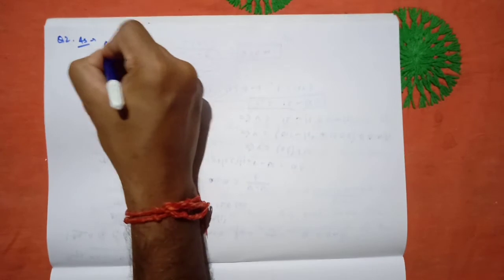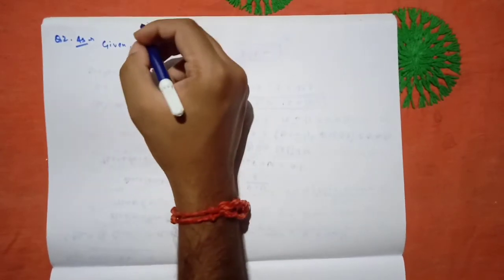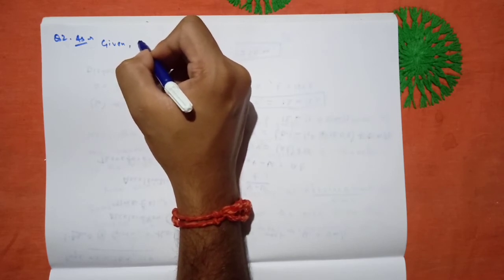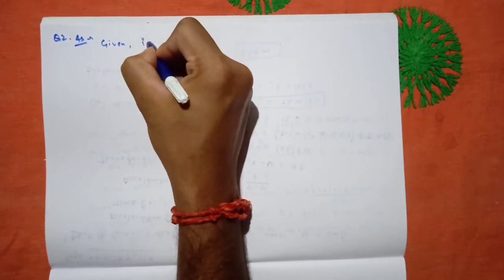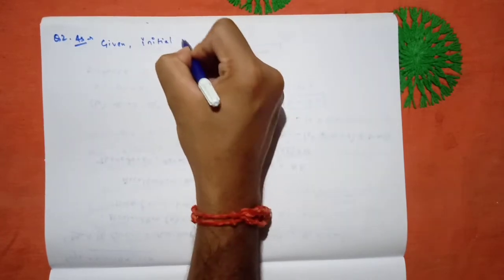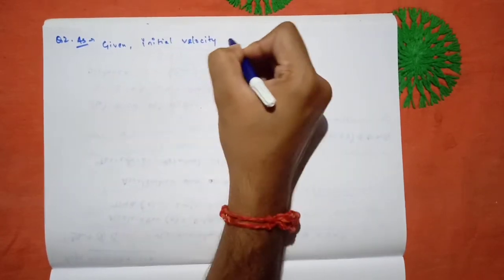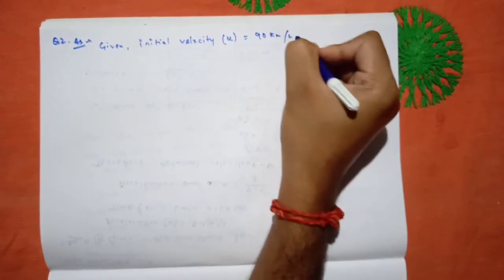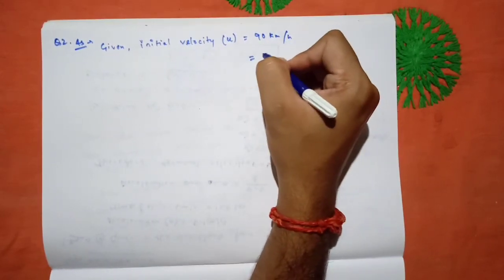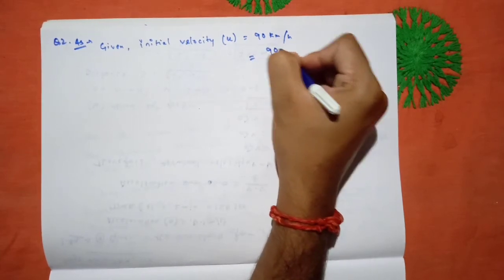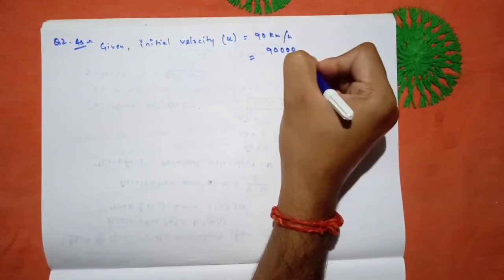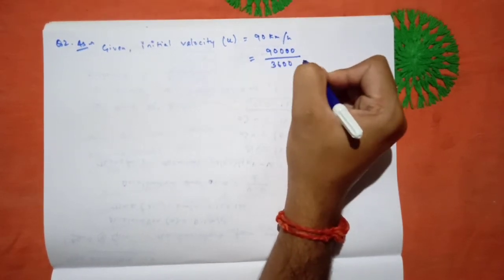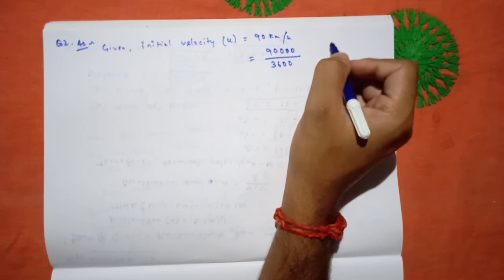So first of all, always write the given. Okay, so it will be easy for you to solve any problem. Here the initial velocity u is 90 km per hour. So we have to bring this to meter per second. So this will be 90, kilometer comes to 1000 meters and hour is equal to 3600 seconds.